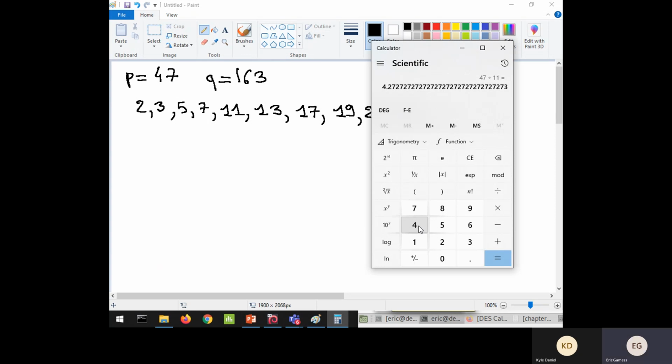Okay, we need to go up to the square root of 47. I think I went further than needed, but we need to try only up to 6, so we should have tried 2, 3, and 5. For example, for 163, sorry, it's 63, the square root is such that we have to go up to 11.